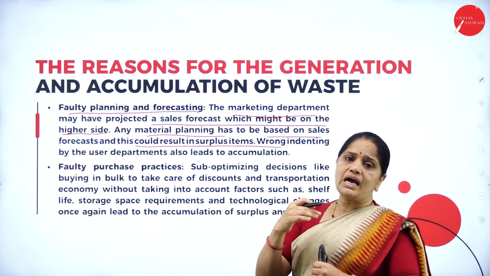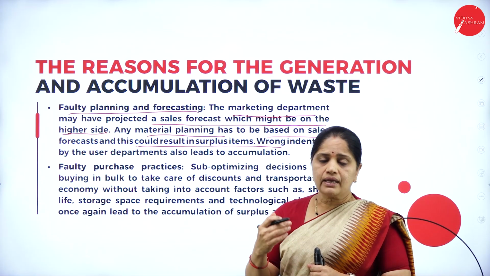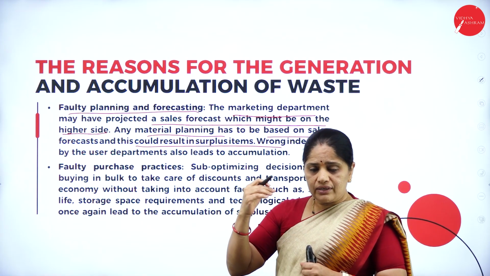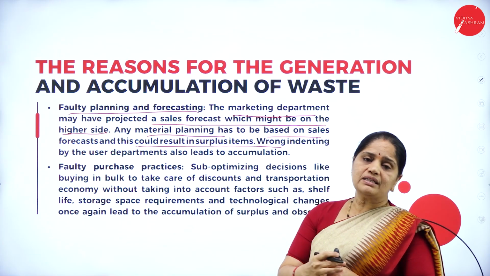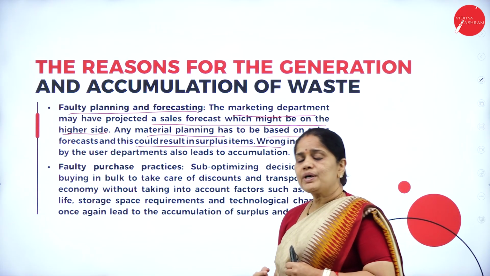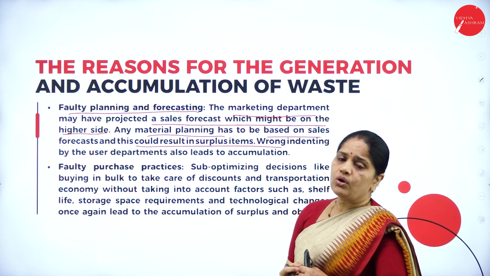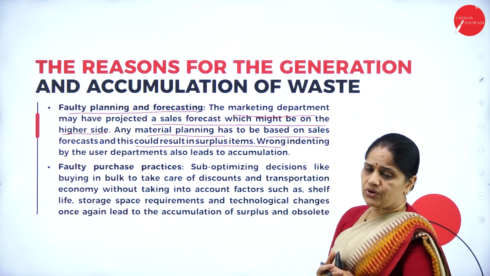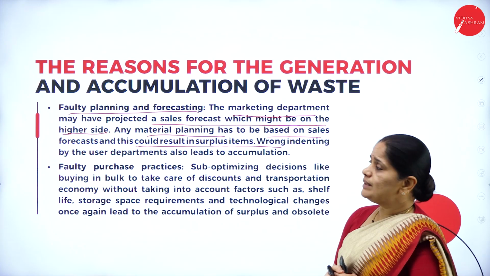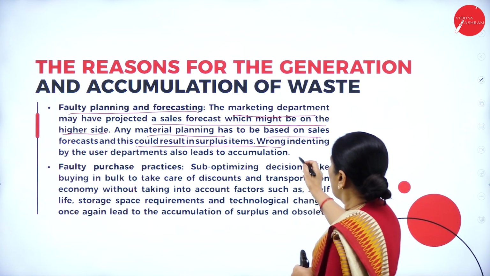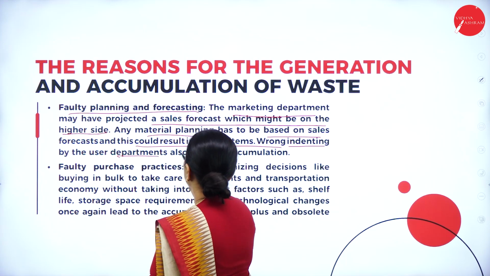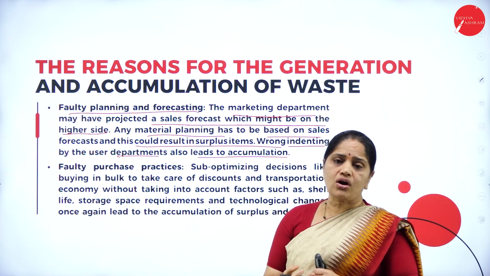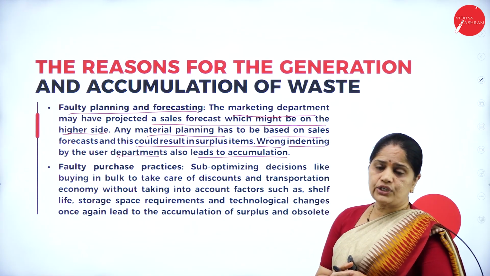Now, if the sales forecast shows a very high figure, then the materials manager also has to ensure that, in order to meet the forecast, we have the proper quantity of raw materials. So when he places a huge order of raw material based on the sales forecast, that will result in faulty planning and forecasting. Wrong indenting by the user departments also leads to accumulation. When the order placed is wrong, it will also lead to accumulation.